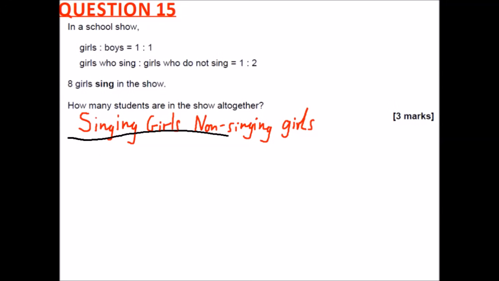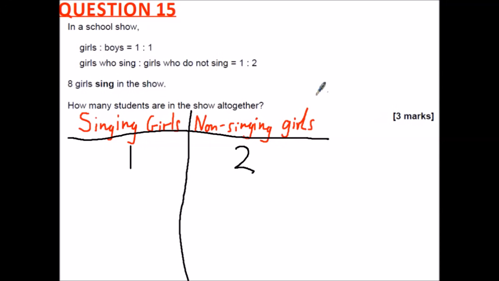So we're just going to compare this in a table. So we're told that the number of girls that sing is a ratio of 1:2. So for every 1 girl that does sing, we've got 2 girls that don't.